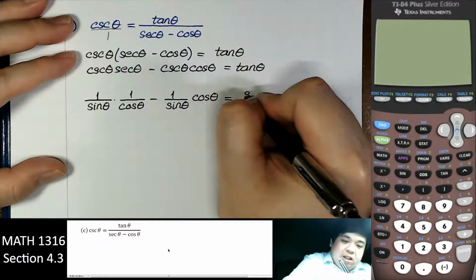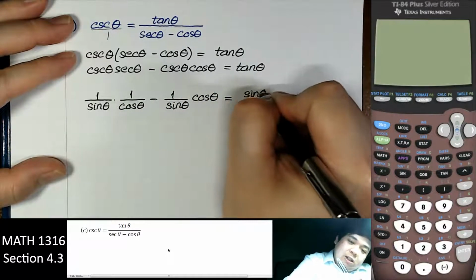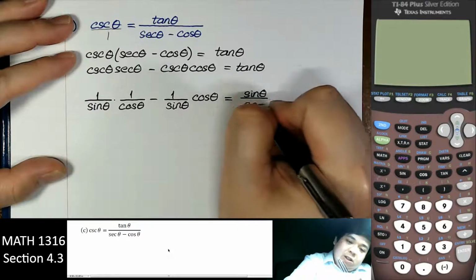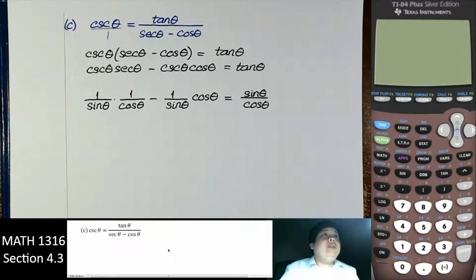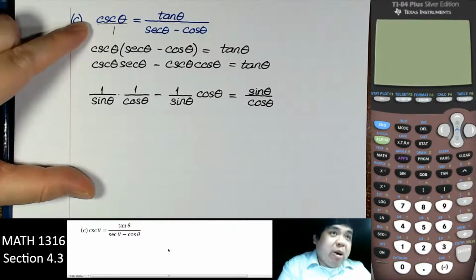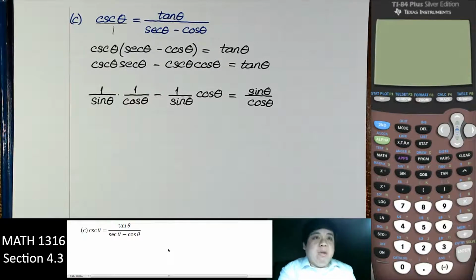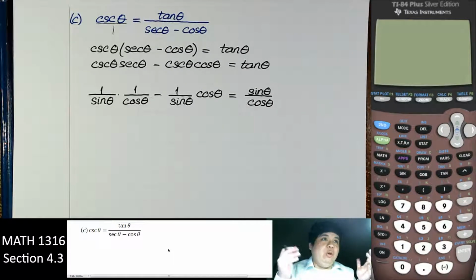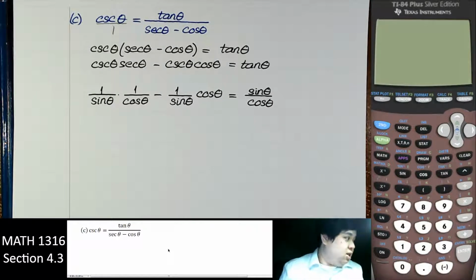Tangent is sine over cosine. Right. So cross multiply to eliminate fraction, or multiply by a common denominator to eliminate fraction. So bottom line is, when we have a ratio or fraction, try to eliminate that.